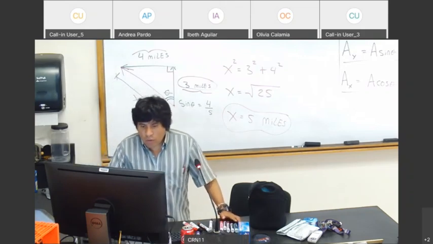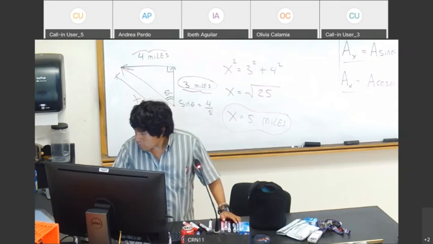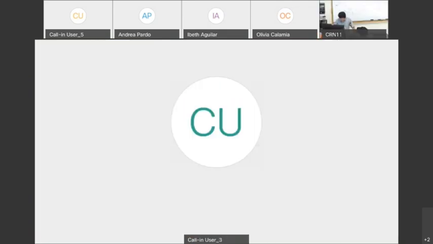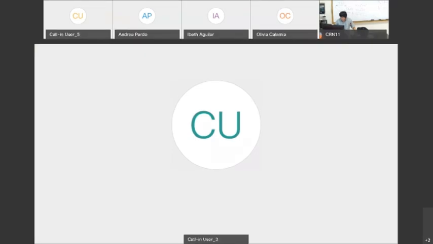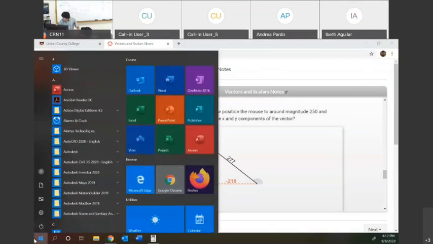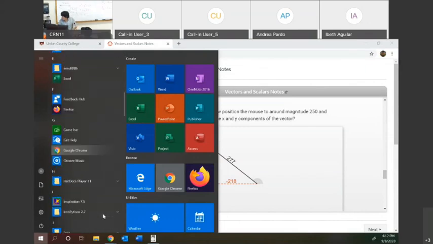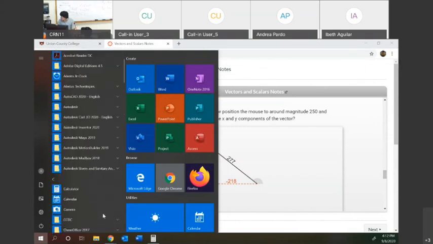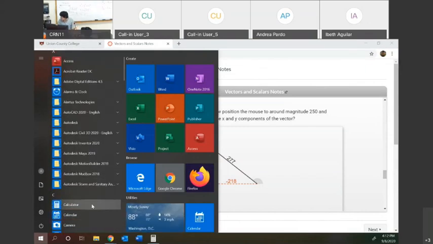So if you're using the calculator of the computer, let's share so I can show you how to use this.